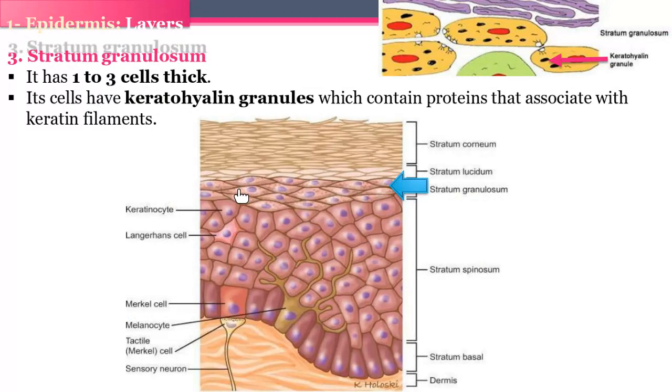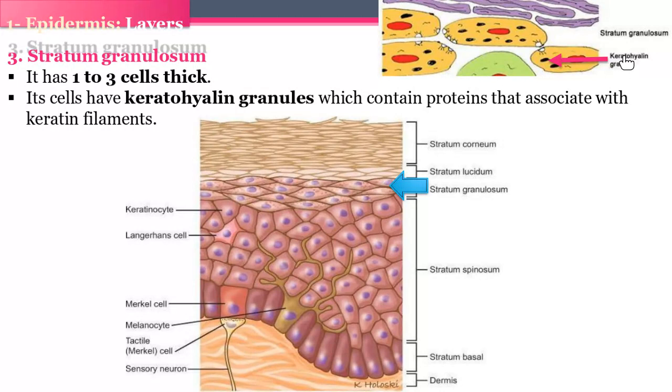This is the third layer starting from the basal cell layer. The third layer is the stratum granulosum. It is around 1 to 3 cell layers thick and it is composed of keratohyaline granules. That is why the name is granulosum. Here on the right hand side, in the pictorial presentation, can you make out the individual cell?